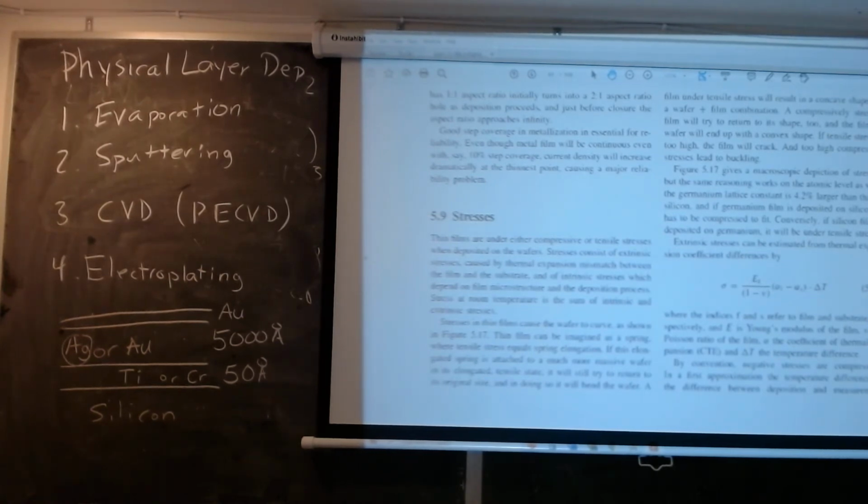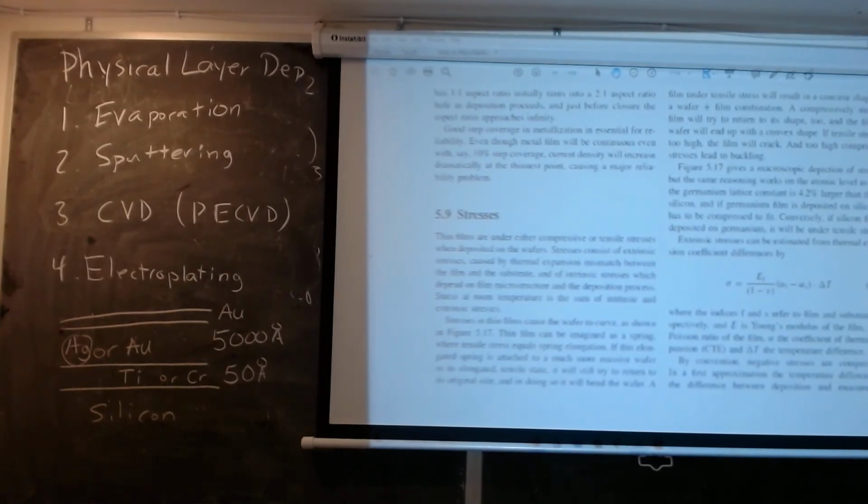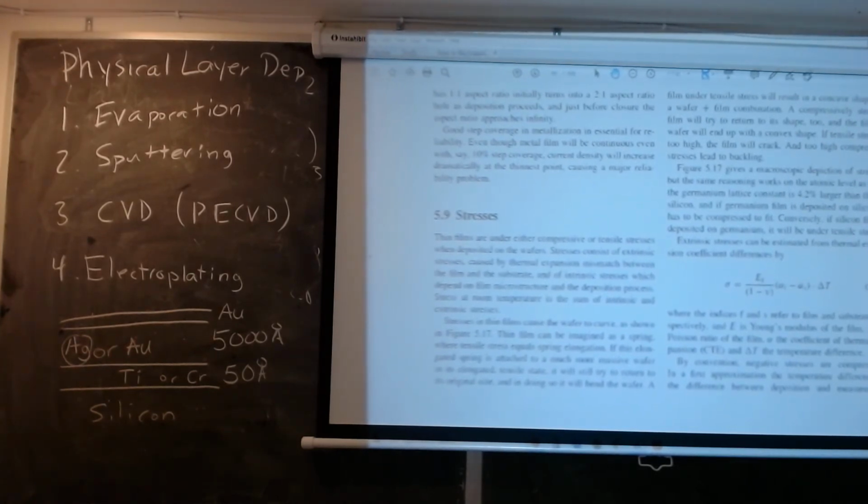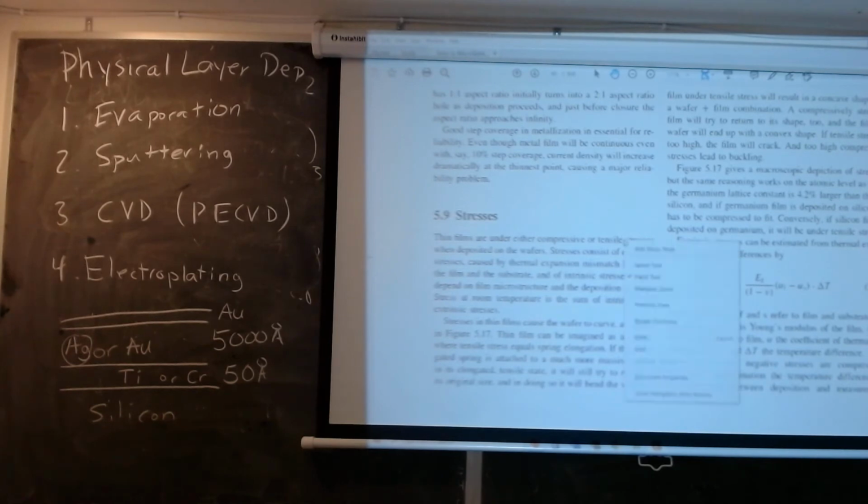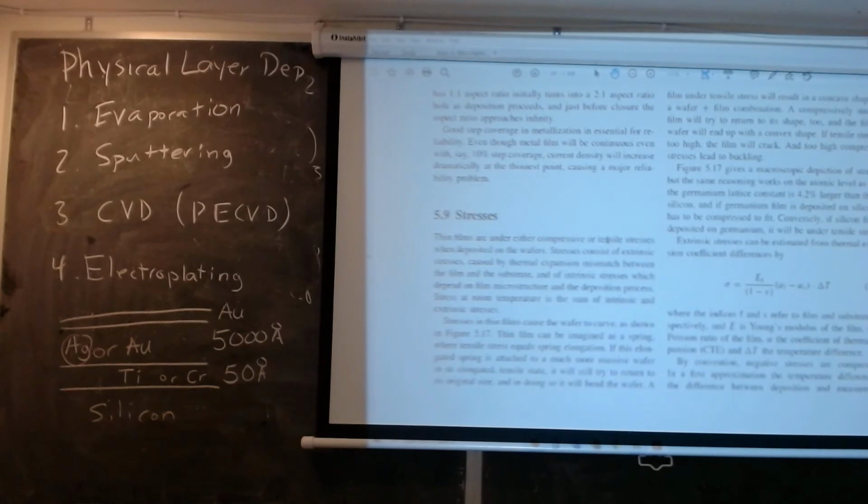I won't try to draw on the board here, but any thin film will develop stress, and stress has two signs. It's basically either compressive or tensile.